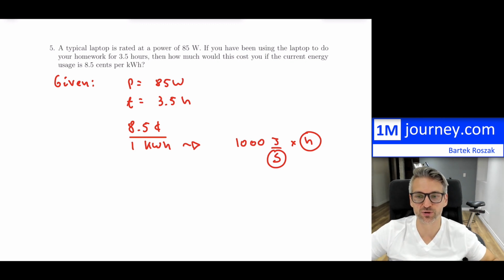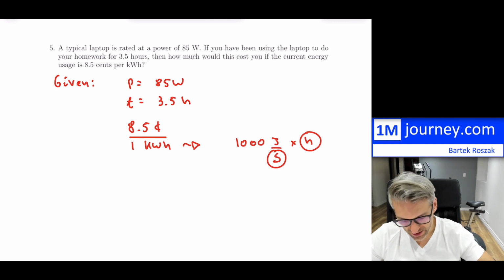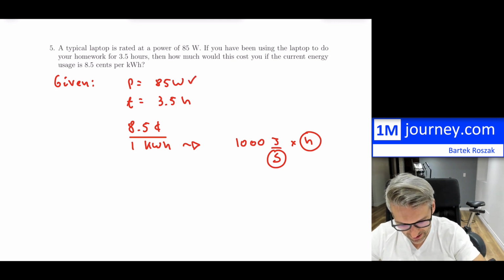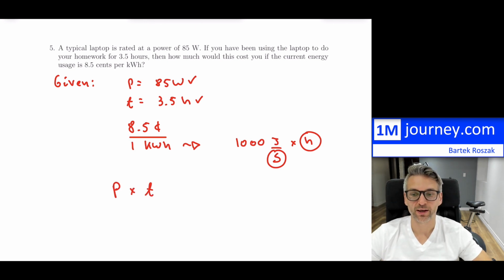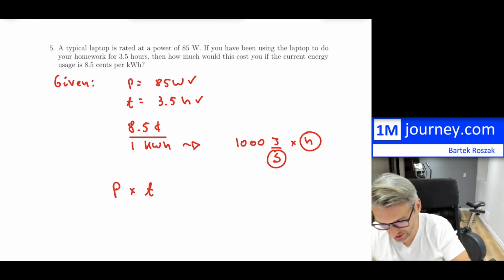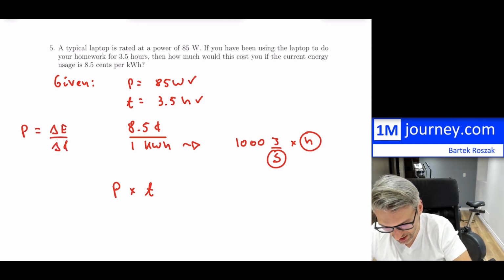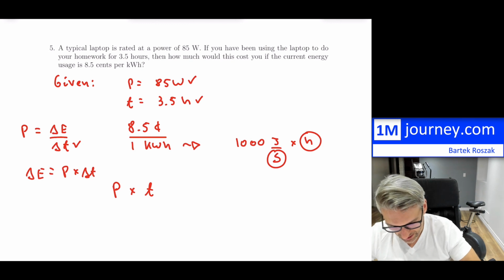Now, we don't need to do that, actually, because this is in watts and this is in hours. So what I'm going to do is say P multiplied by T, so power, this is coming from power is equal to the change of energy over the change in time. If you bring this over to the other side, you're going to get energy is equal to P times delta T. That's what I'm doing here.